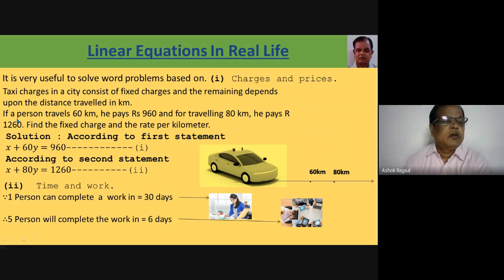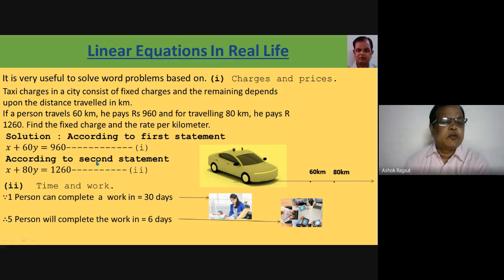So if a person travels 60 kilometers, he pays rupees 960 and for traveling 80 kilometers he pays rupees 1260. Find the fixed charge and the rate per kilometer. So first you make the equation according to the first statement. Then you make the second linear equation according to the second statement. And after solving, you will get the fixed charge and the rate paid per kilometer.